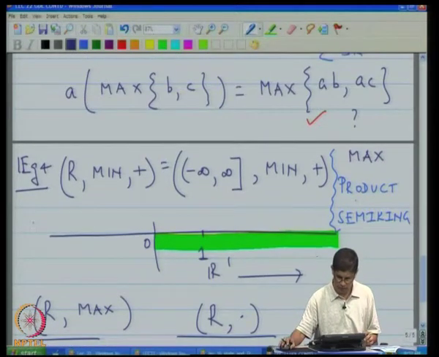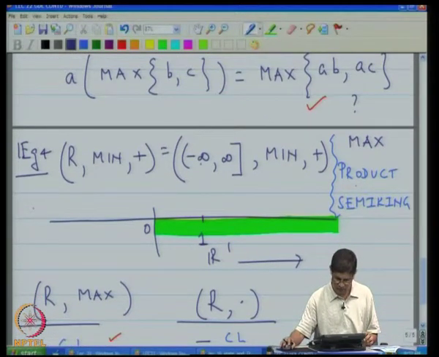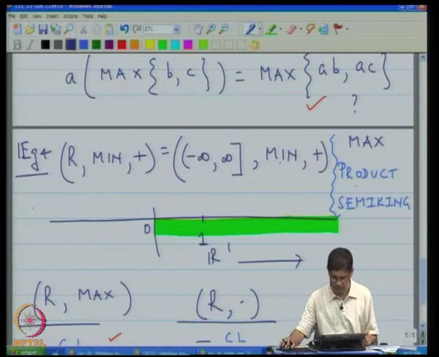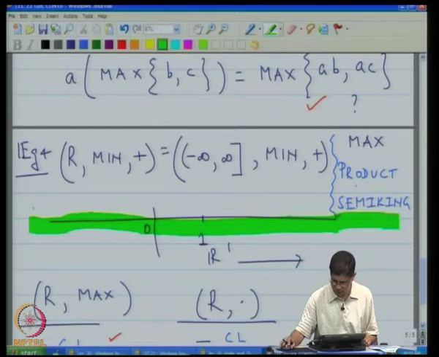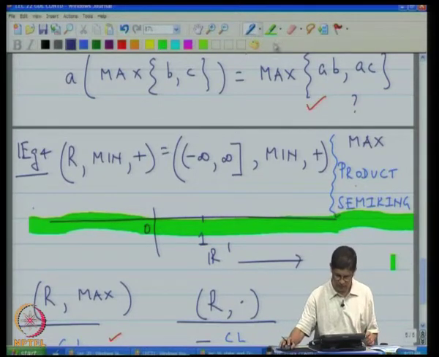So, R is now the interval from minus infinity to plus infinity, inclusive of plus infinity, and therefore, I should extend this all the way, and just to emphasize that it includes plus infinity, let me take it all the way to the edge of the page. Okay. So, this then is the range of our semiring.